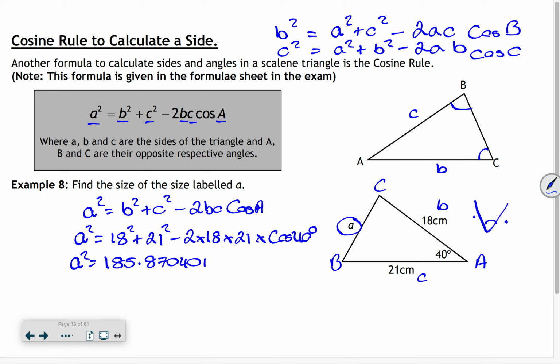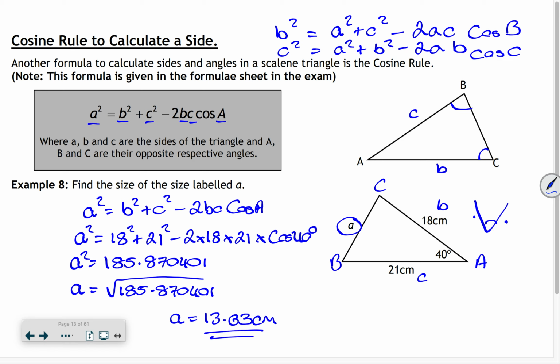So remember, that's for a squared. We want to work out what a is. So a is going to be the square root of 185.870401. So square root that, and we get 13.63 centimeters. Okay.